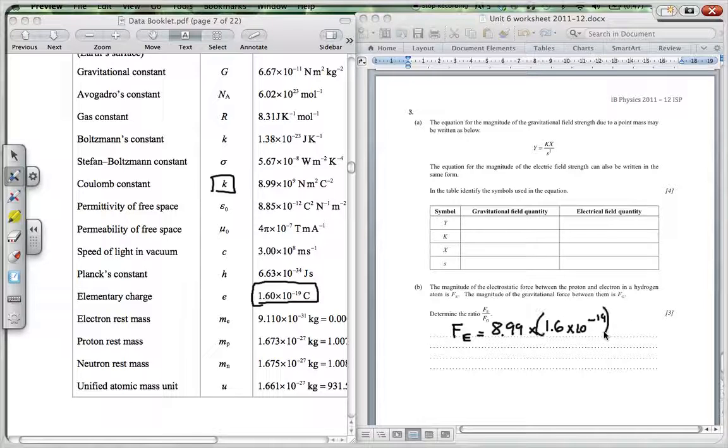We're going to have that squared, and we're going to divide it by the radius squared, the distance between the proton and the electron. And then we're going to divide it here by Fg. Now when I divide a fraction, obviously I invert and times. So I can say times, and I can do big G, which is this one over here, 6.67.